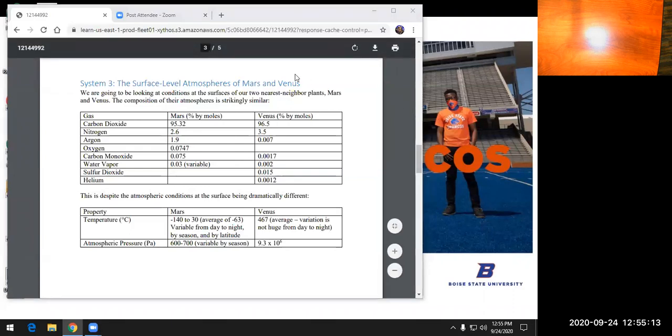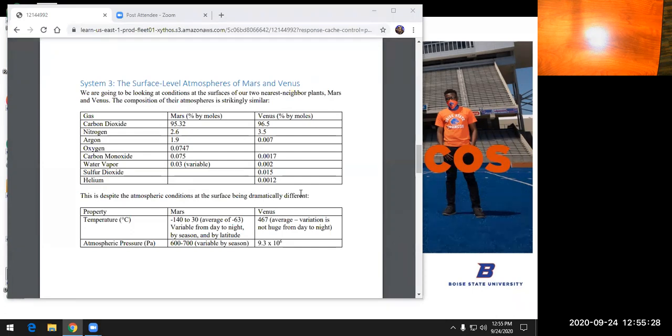Absolutely, phase diagrams. Understanding phase transitions, which phases are going to be present in various places. So I'm probably going to give you some phase diagrams on the exam that relate to this, and then ask you some things about what's going to happen on Mars, what's going to happen on Venus.